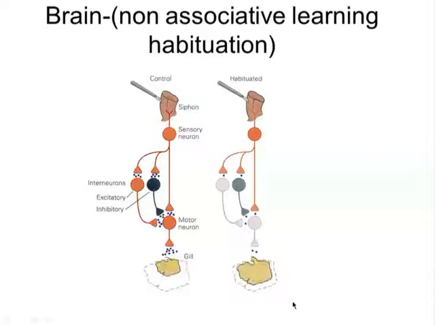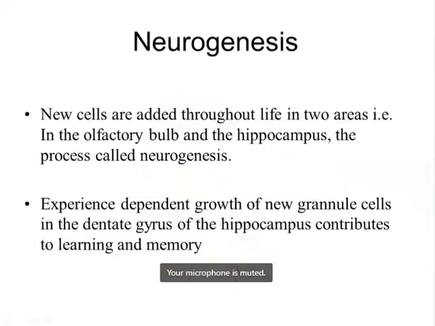Neurogenesis: new cells are added throughout life into two areas, the olfactory bulb and the hippocampus. The process is called neurogenesis. The hippocampus looks like the horn of a ram. Now it entered into the temporal lobe.